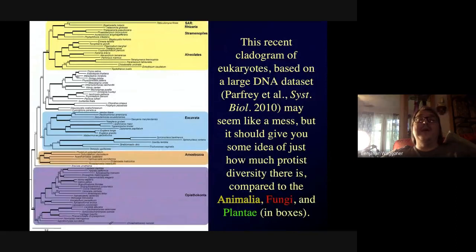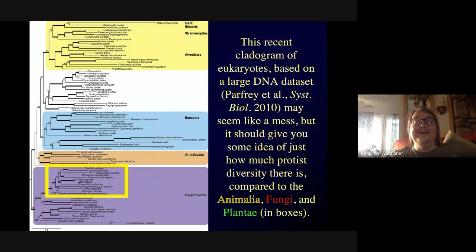You probably cannot read all of that detail, and you don't really have to. This is a cladogram of eukaryotes based on a massive data set that was assembled 10 years ago. And it may seem like a mess, but it may give you some idea of just how much protist diversity there is. And I've suddenly realized that you may not be able to see animations when I'm projecting like this. But the animalia are pretty much the top half of that purple box called Opisthokonta down there at the bottom.